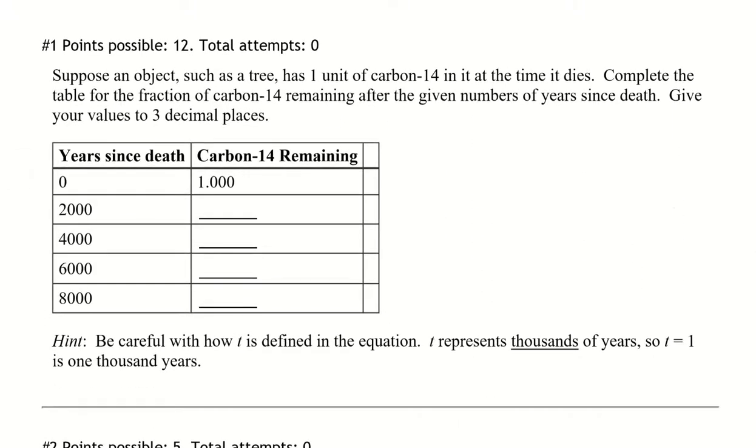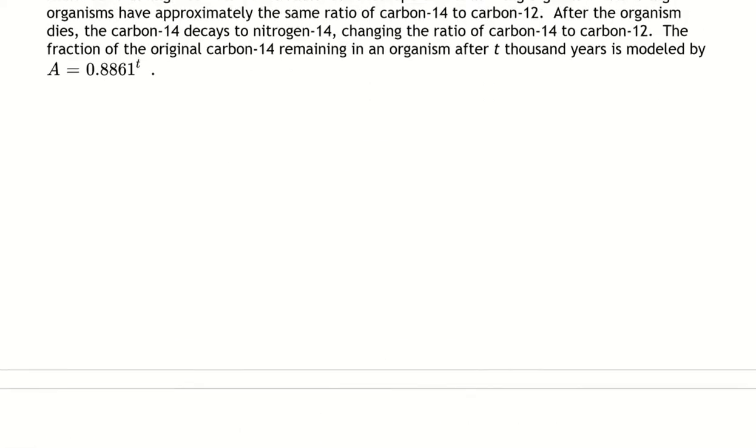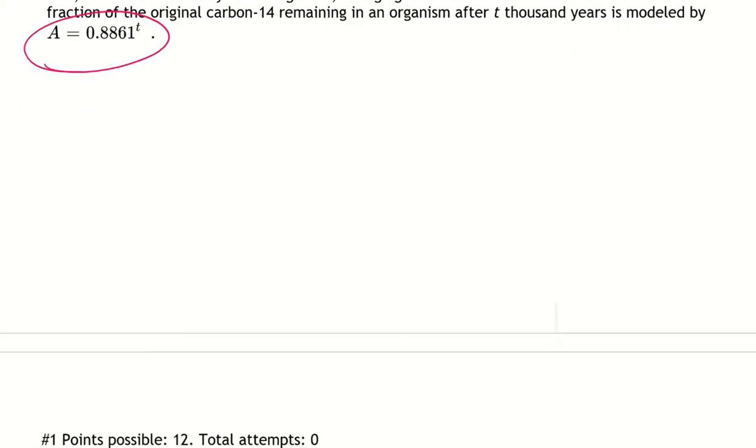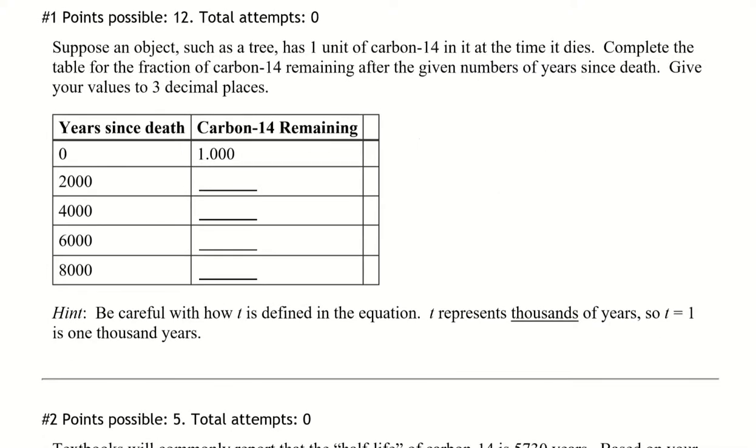And we're looking at a tree. It has 1 unit of carbon-14 at the time it dies. So we have to use the formula from above, so that A equals 0.8861 to the power of t, to give values. So we have t is for every 1,000.